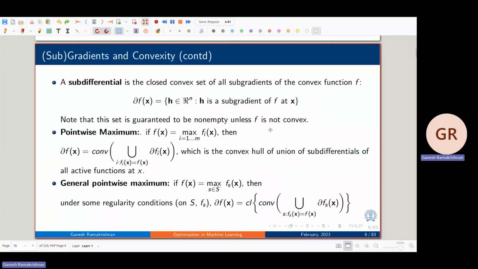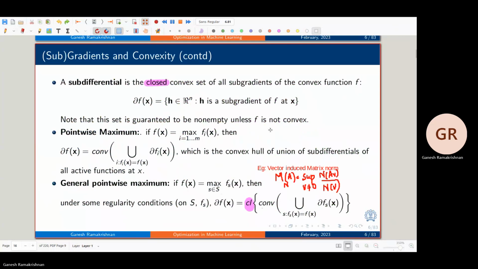Okay, so let's just recap. Under some regularity conditions which are fairly generic, the subdifferential is the closure of the convex hull over now all the unions. Same idea, but there's a closure. The only addition is a closure.